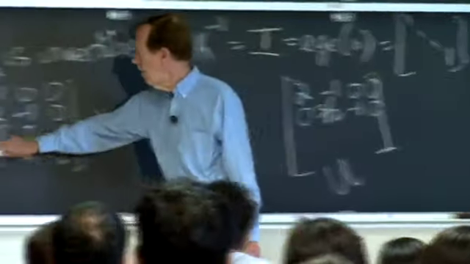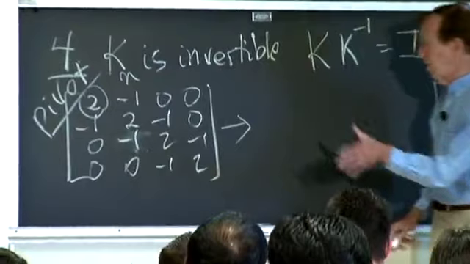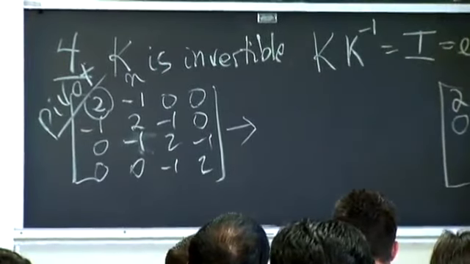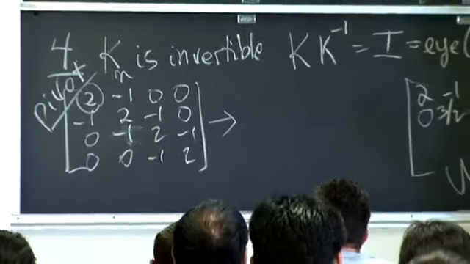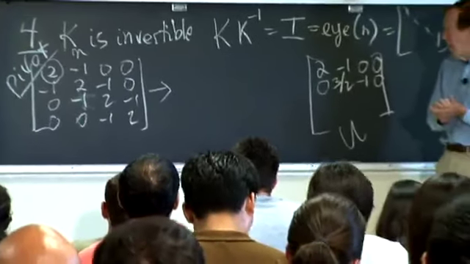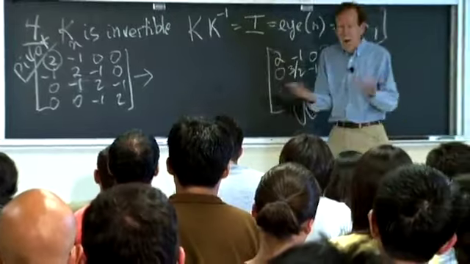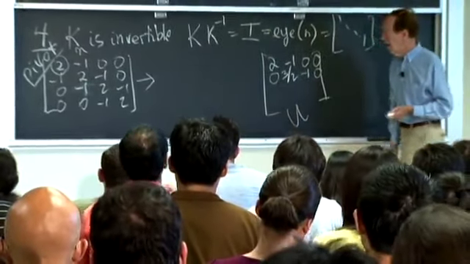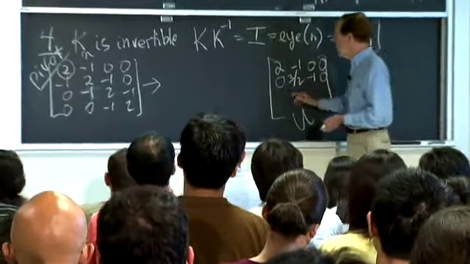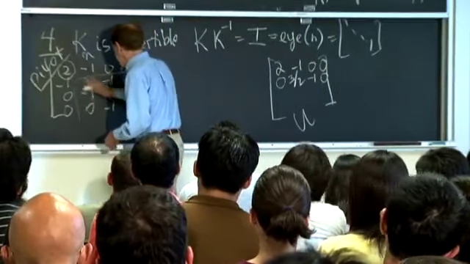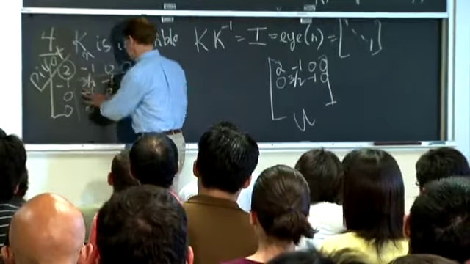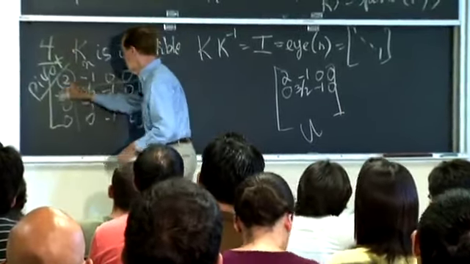Now I've got a couple more entries below that first pivot, but they're already 0. That's where the sparseness pays off. The tridiagonal really pays off. So those zeros say the first column is finished. So I'm ready to go on to the second column. It's like I've got to this smaller problem with a 3 halves here and a 0 there.